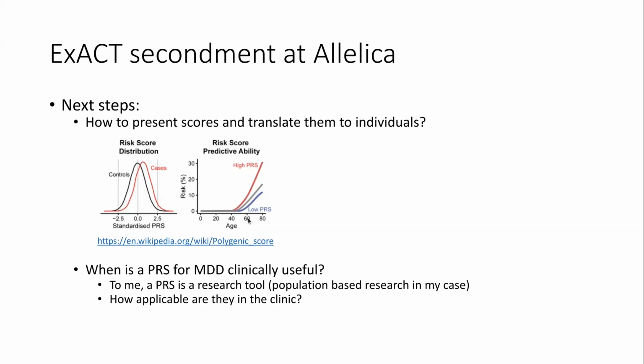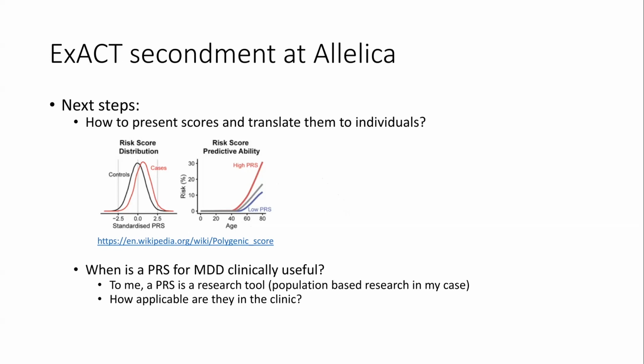Maybe you can even assess the risk increase as a function of age, shown on the right-hand side over here. So these are things that we still have to tackle and to find out for our particular phenotype.